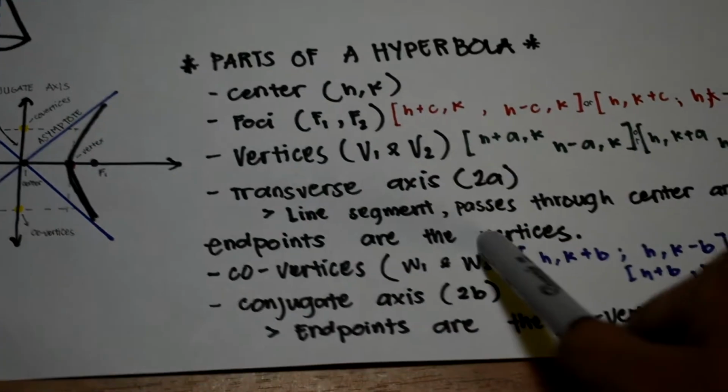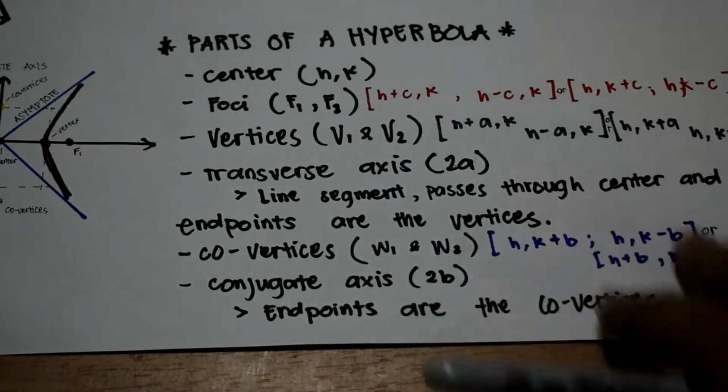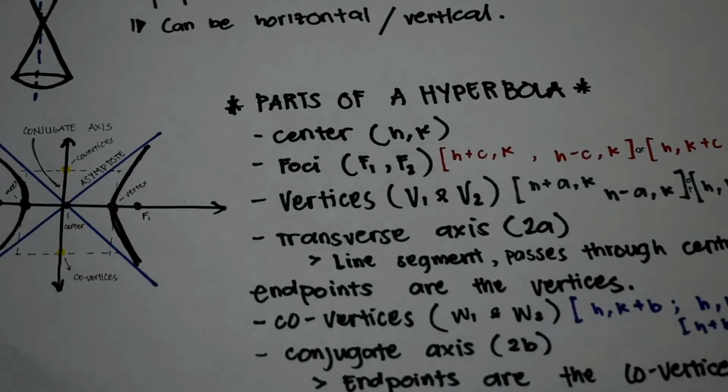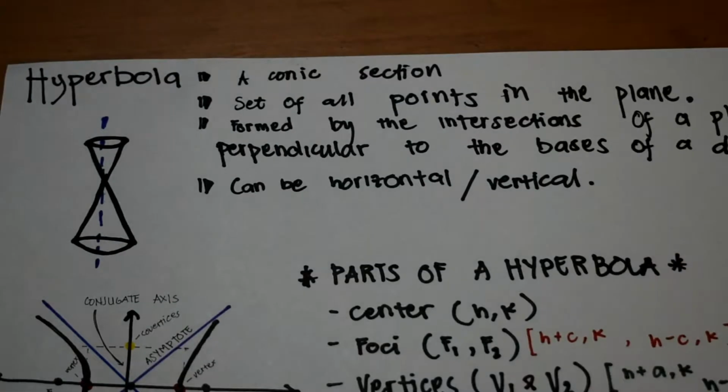For your conjugate axis, you take twice your B, and that's how you get the endpoints for your co-vertices. And simply, that's how we find the hyperbola and its parts.